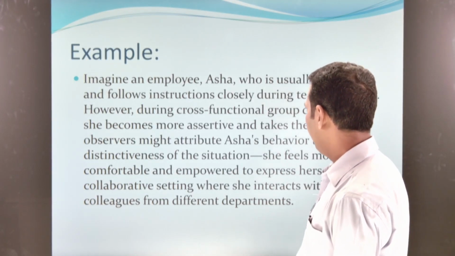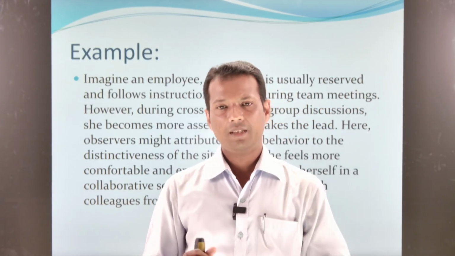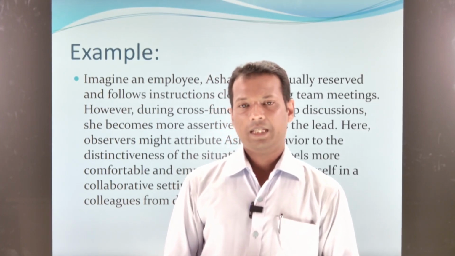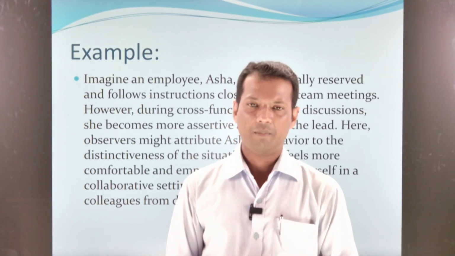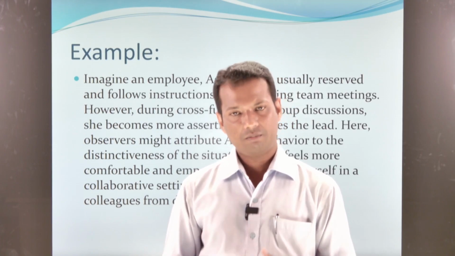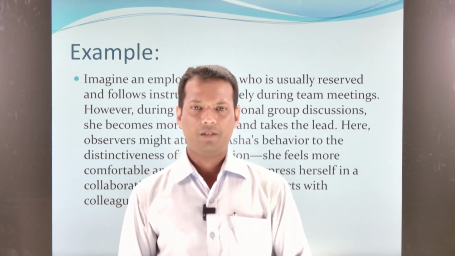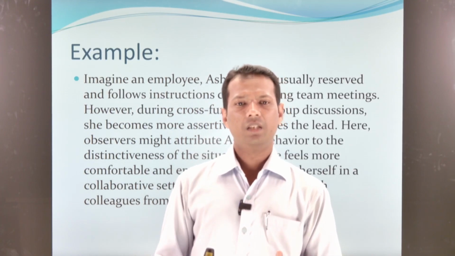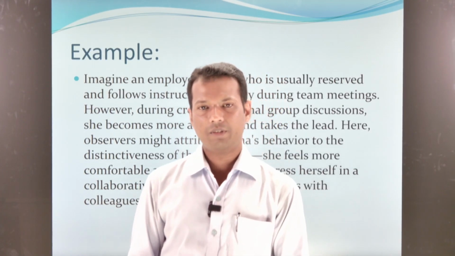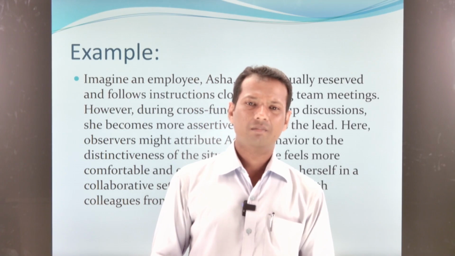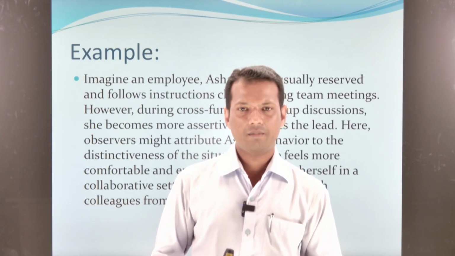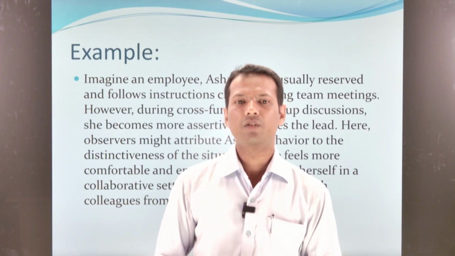Now, let's take an example. Let us imagine a lady employee whose name is Asha, who is a very reserved kind of employee. Though she attends various meetings, she keeps to herself and is a bit reserved. You can say an introvert type of person.